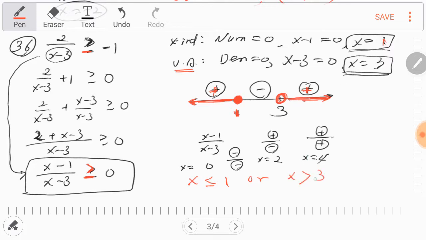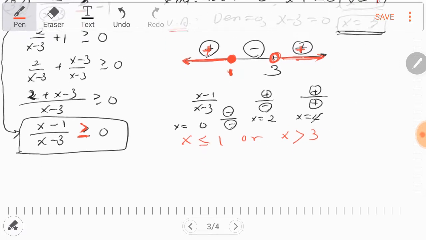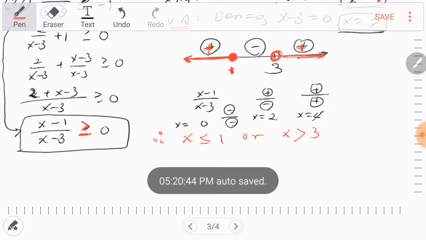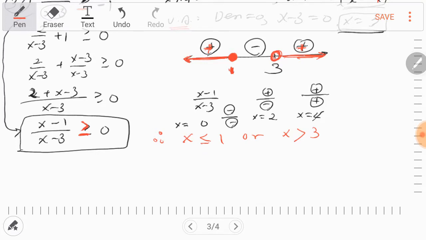There's no equal sign here because we don't include 3. So we can write the solution in interval notation: negative infinity to 1, and 1 is included, so use the bracket, then union, 3 to infinity. Infinity gets a parenthesis, and 3 is not included, so put a parenthesis.